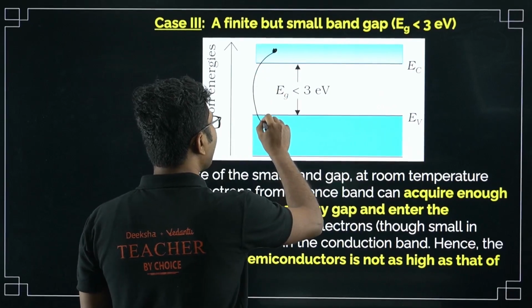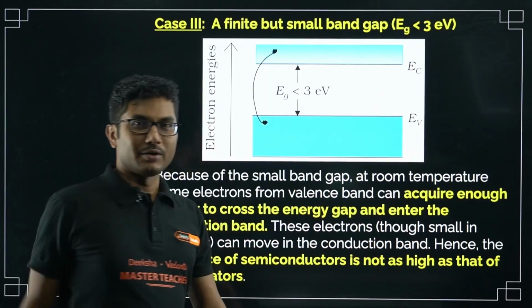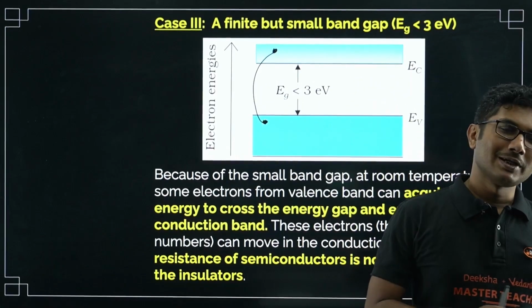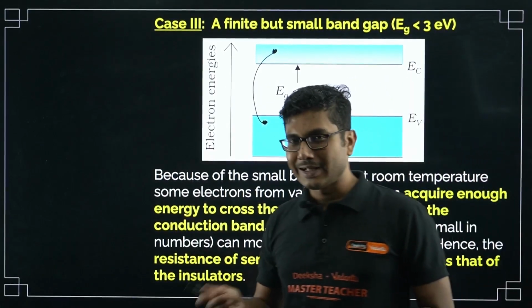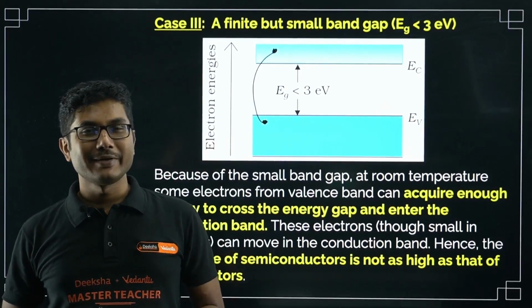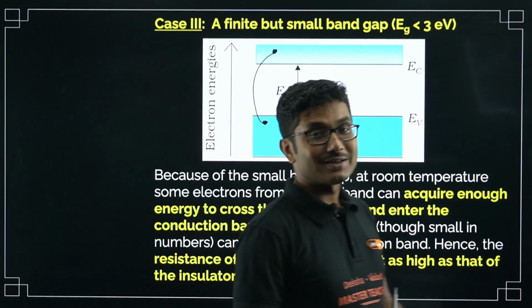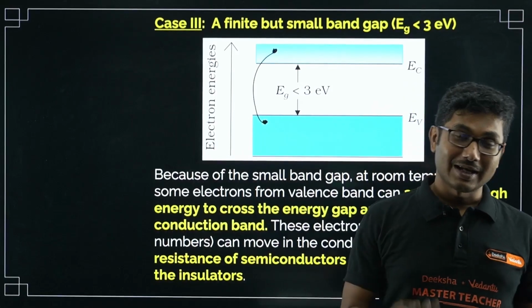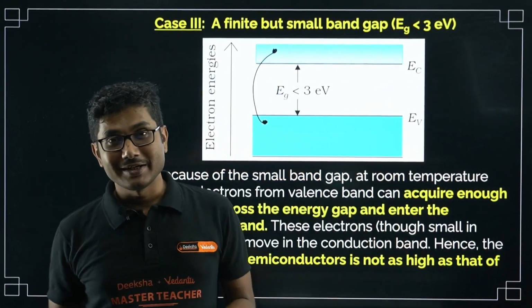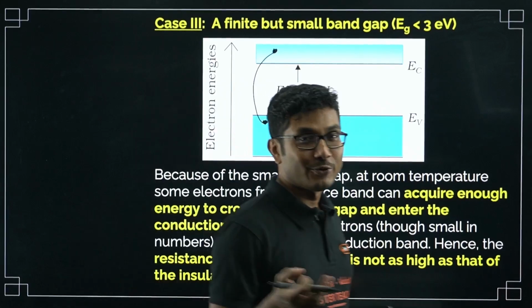You can imagine this is your house, this is your playground. By sneaking past your mother, you can go to the playground, play cricket or chat with your friends. But during the exam, obviously your parents won't allow you to go outside, so the band gap increases and no escape is possible.